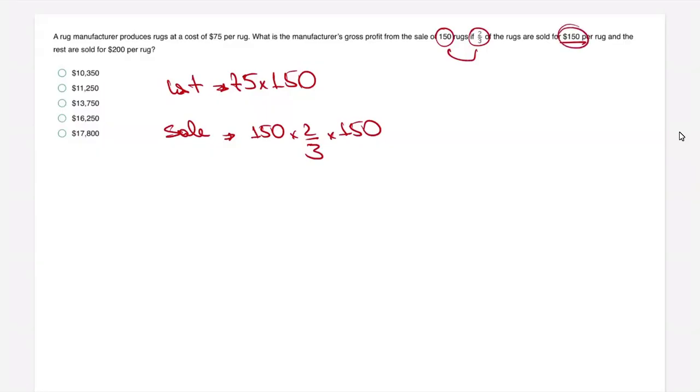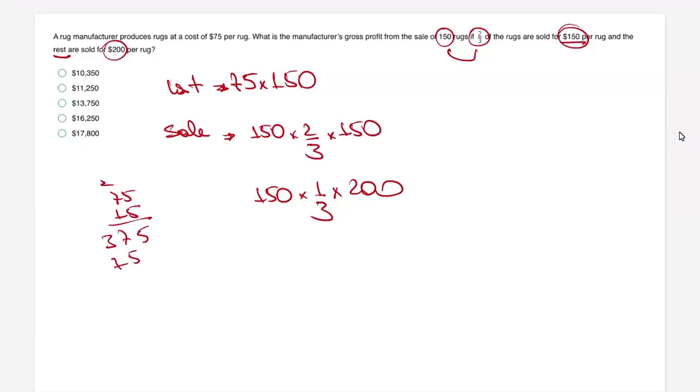And 1/3 of 150, because the rest is for 200. So 75, 15 is 525 in the zero, right?